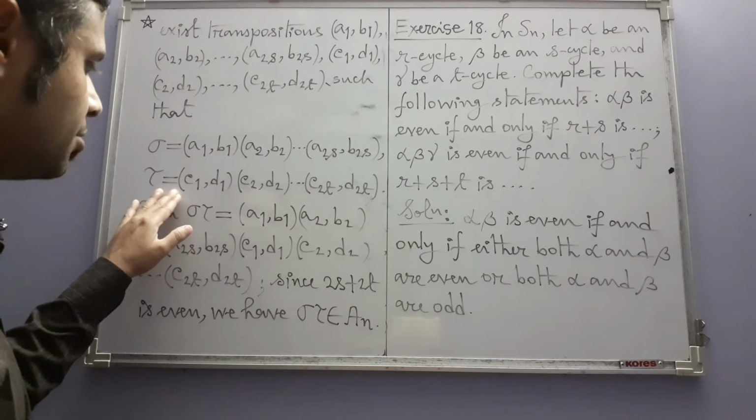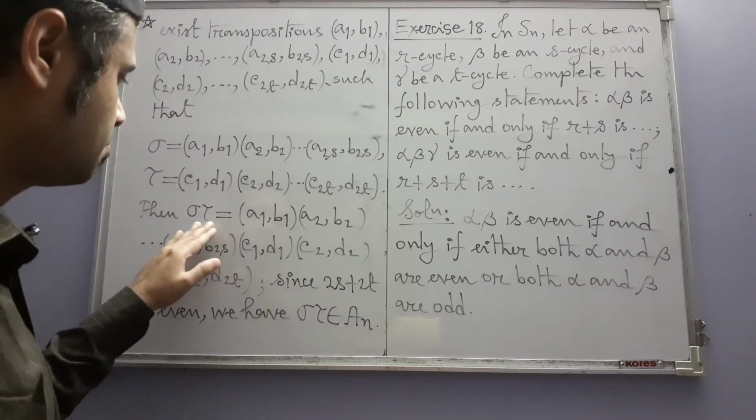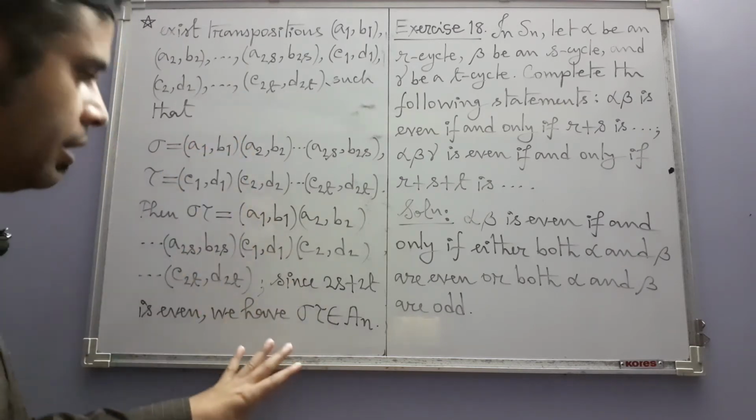Both the cycles becoming even and then the product becoming even, that we have seen here.